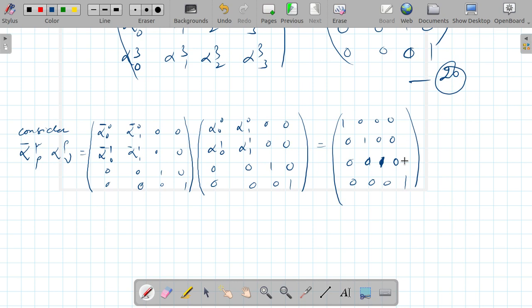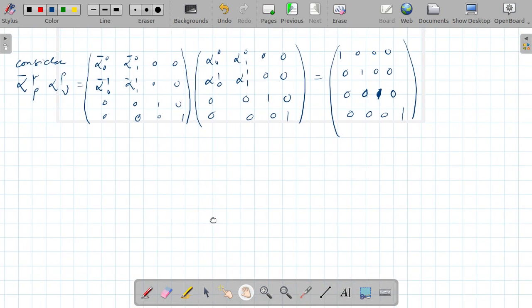If I open it, it means that alpha 0 0 bar alpha 0 0 plus alpha 0 1 bar alpha 1 0, and here the second term will be this one. It's simply the product of two matrices.